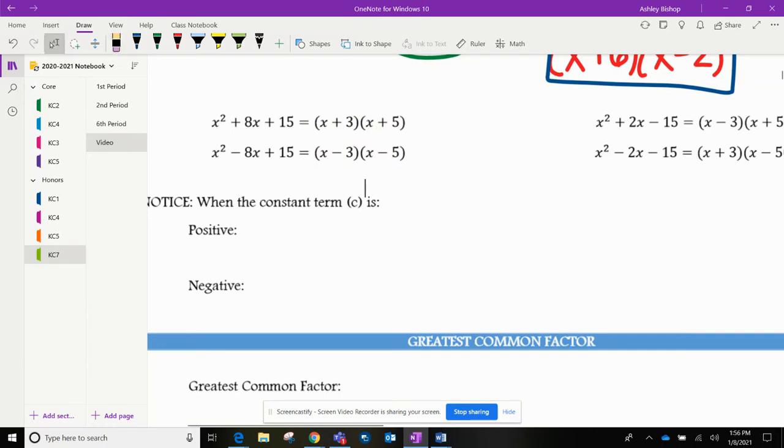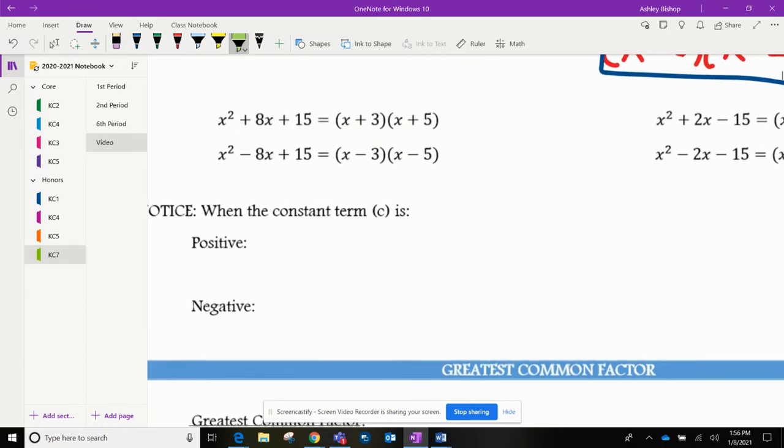All right, think about this. The last term we call C. This is A, this is B, and this is C. When that last term is positive, like this positive 15, then the operations are going to be the same for your factors.